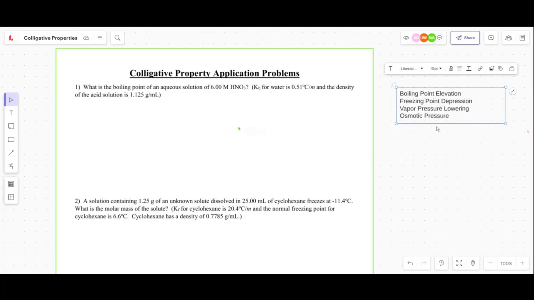So these four colligative properties are the ones we are going to focus on the most.